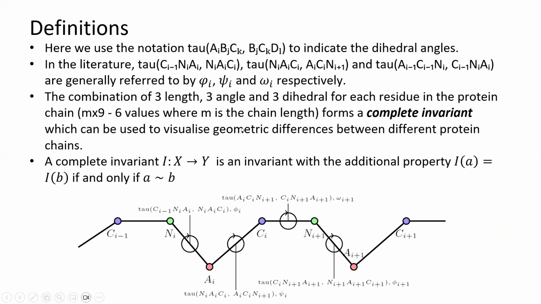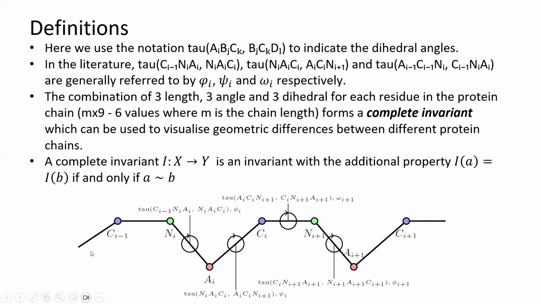So just further definitions, we've also got these dihedral angles, which in the literature are generally referred to by phi, psi, and omega, respectively. Here we'll use slightly different notation again, these tau notations.